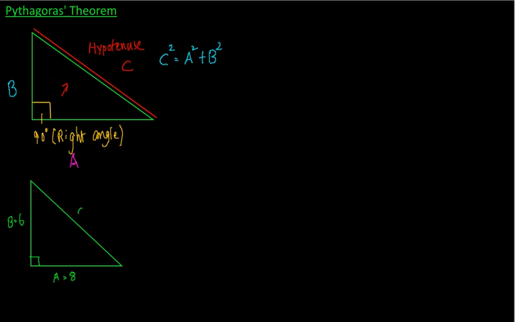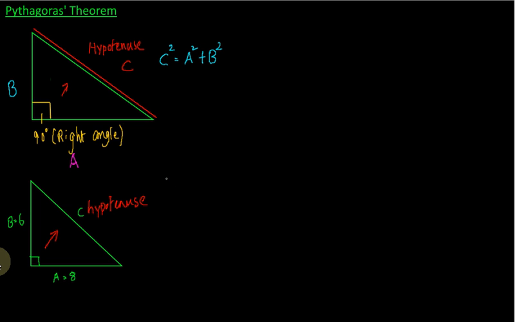Now this side I am going to mention as C. Now our first objective is to find which side is the hypotenuse. So we can check that here, the side that is opposite to the right angle. So this side is my hypotenuse. So we have to find the hypotenuse here.